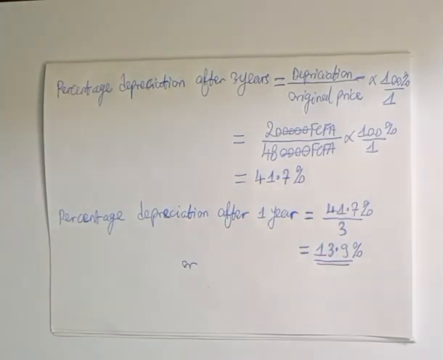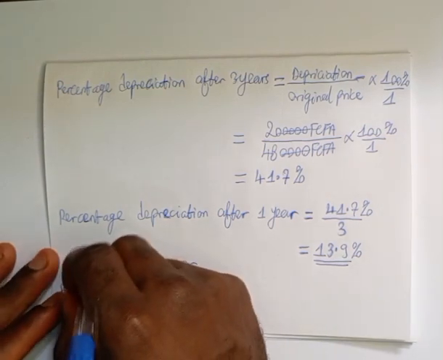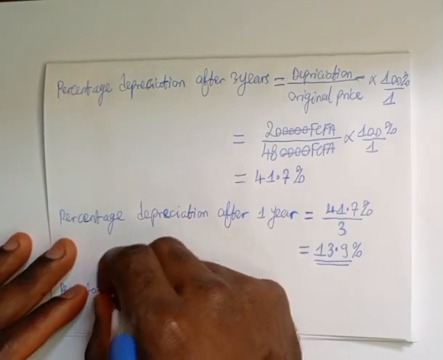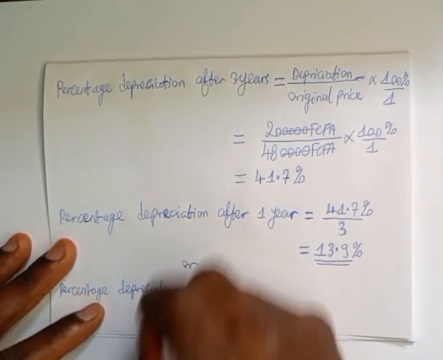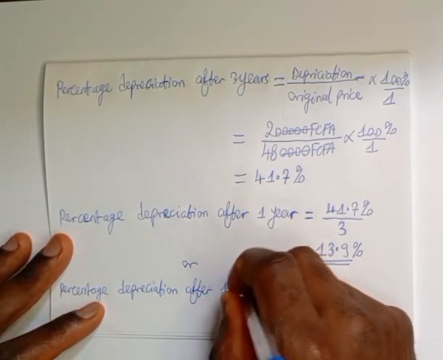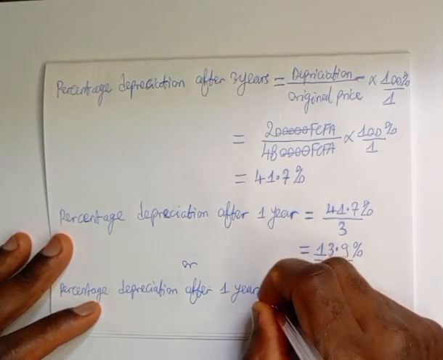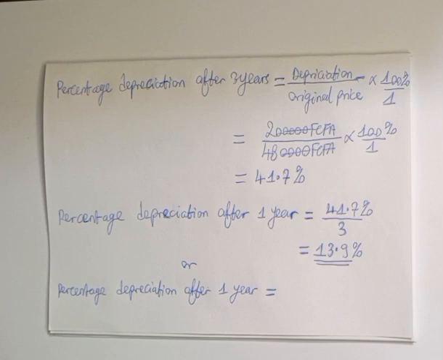Or another way of getting the percentage depreciation per year, percentage depreciation after 1 year, it will simply be equal to, we are going to divide the depreciation amount after 3 years by 3 to get the depreciation for 1 year.